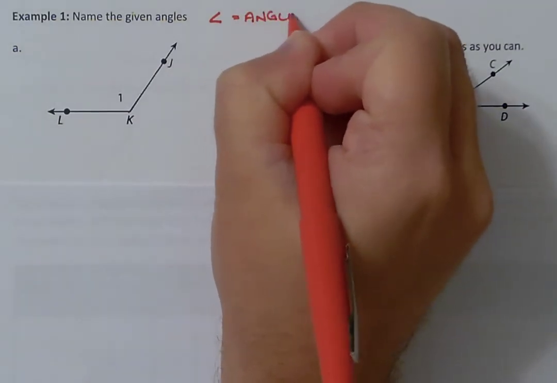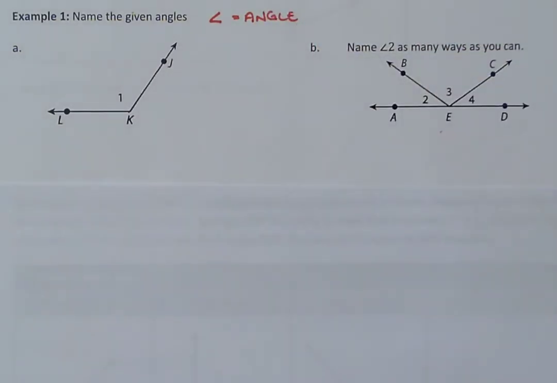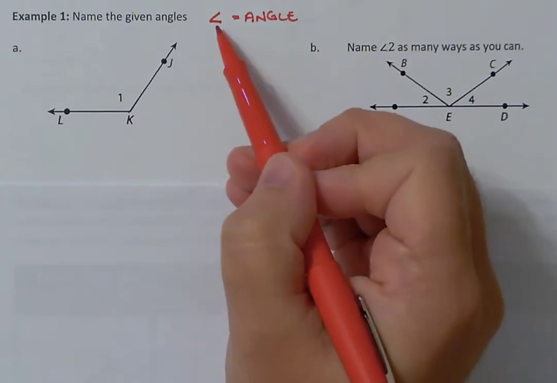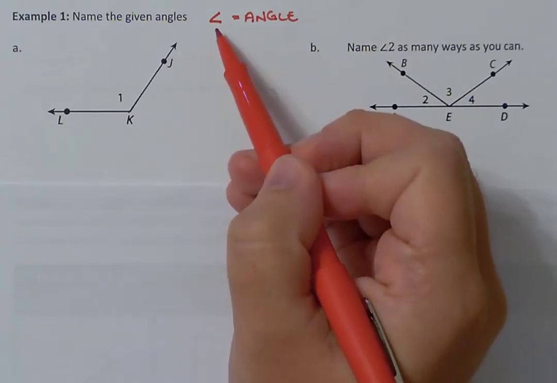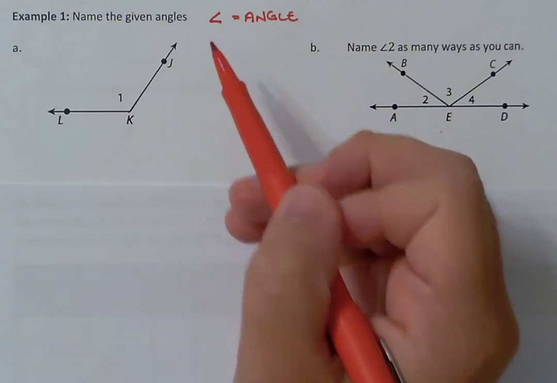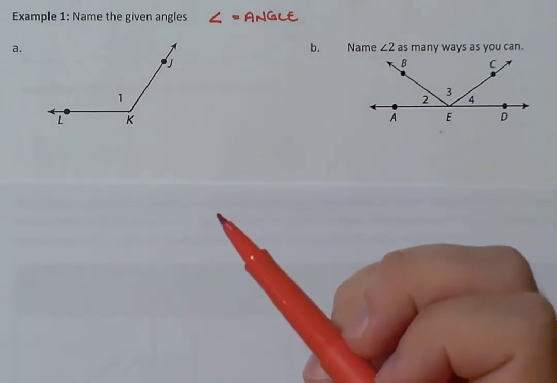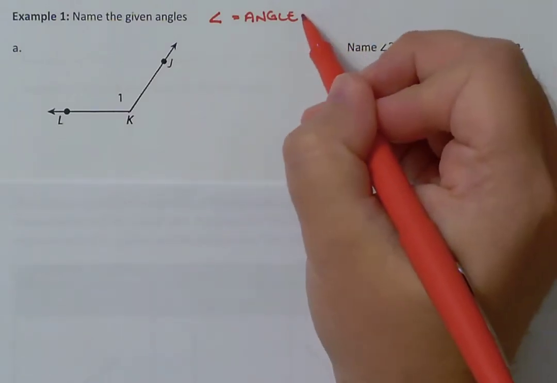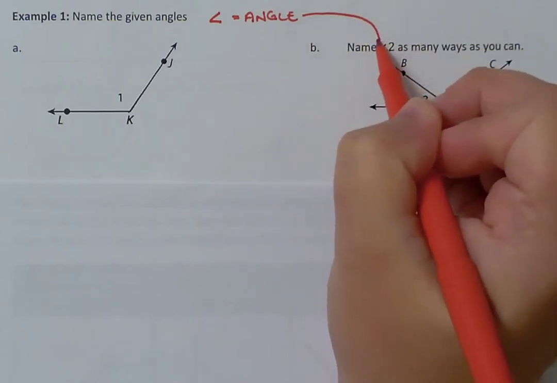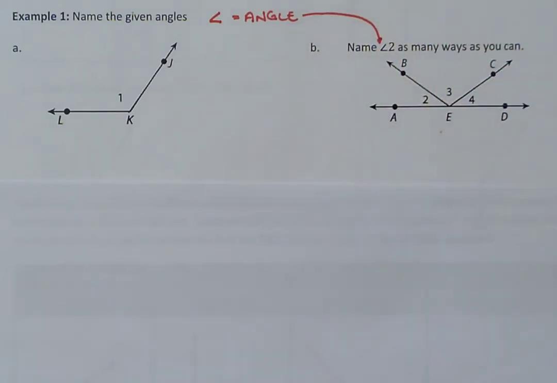So that saves me from having to write angle every single time. We just draw this little angle. It's not an L, so don't think that it's an L moving forward. It just refers to the symbol of an angle. And another way that you can see it would be like in example B here, when they talk about name angle 2 as many ways as you can. That little symbol is not an L, it's an angle.